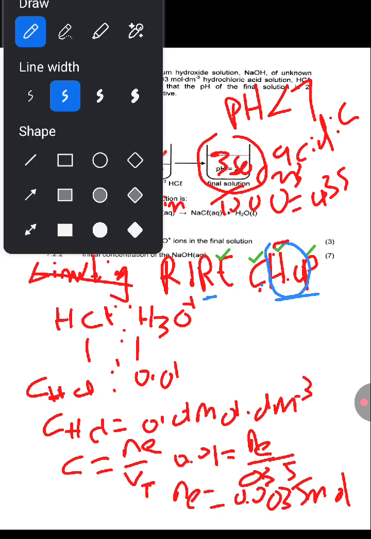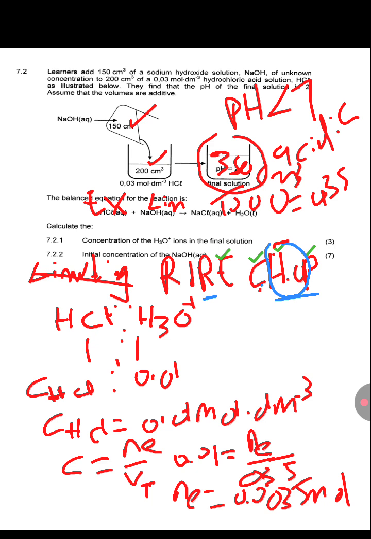We have the concentration of hydrochloric acid and the volume, and that was what initially reacted right here. So I can use the volume of the acid and its concentration to get the initial number of moles.